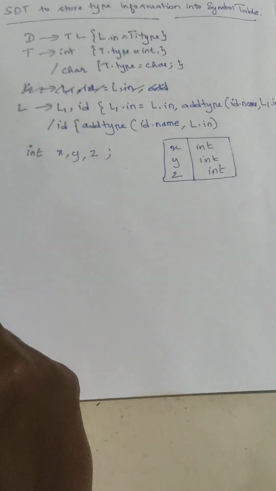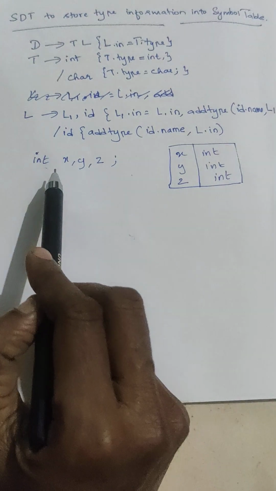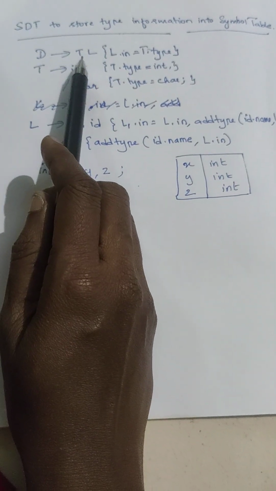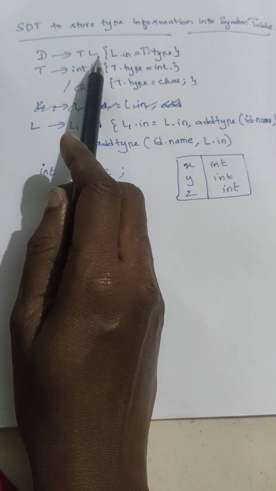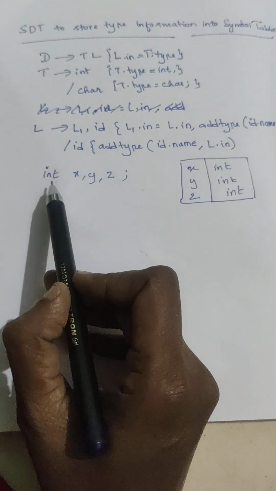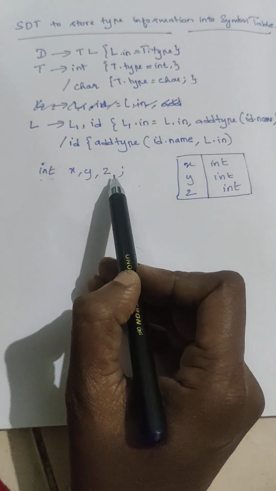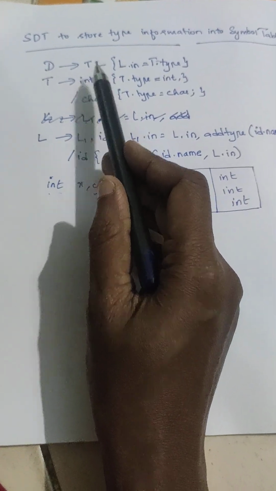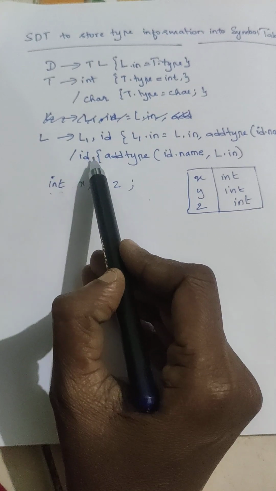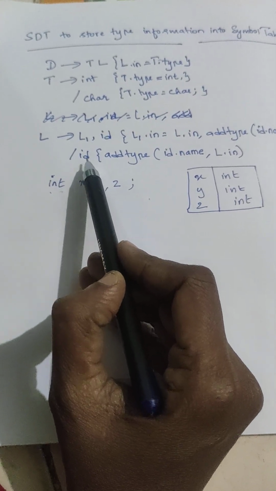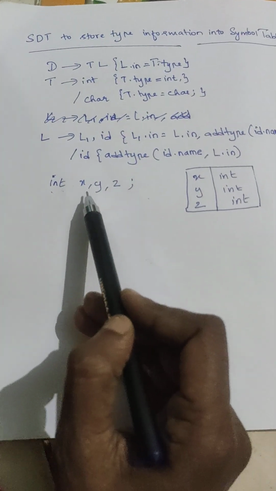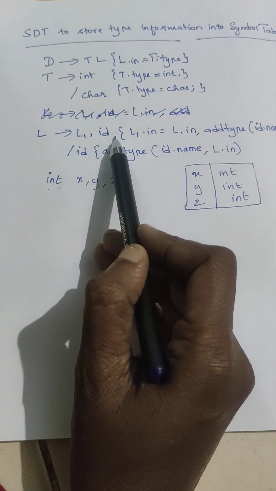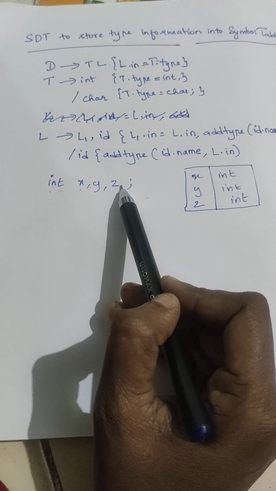Now basically what does this grammar do? It is a declaration of a type and a list of attributes. So how can this list be? This list can be either a single attribute, that is, sometimes we give only int x, right? Or it can be a list of attributes. So you don't confuse it with an individual list ID. It is a list of attributes.